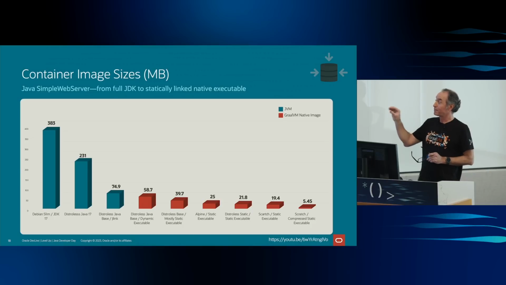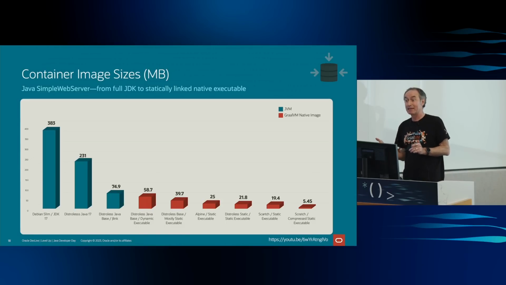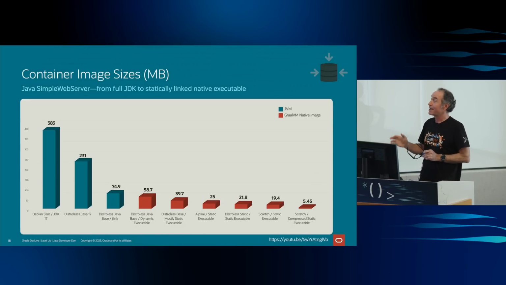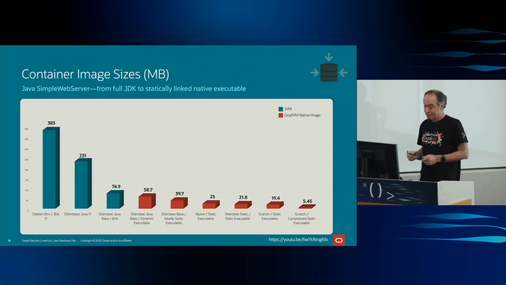It's a bit smaller. You can use jlink, which you should be using to shrink your deployment of your JVM-based application. It gets smaller. And then when I move to native image, I can keep going smaller. So I tried things like fully dynamic, mostly static. I got all the way down to 5.5 meg running in a scratch container.